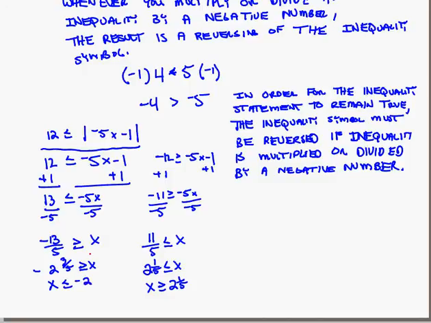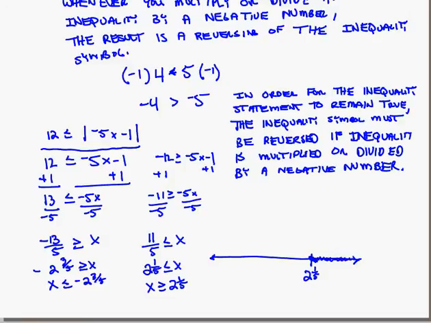And the graph of that would be, here is 2 1/5, and so all the values greater than or equal to 2 1/5 would make the statement true. Here I have negative 2 3/5.